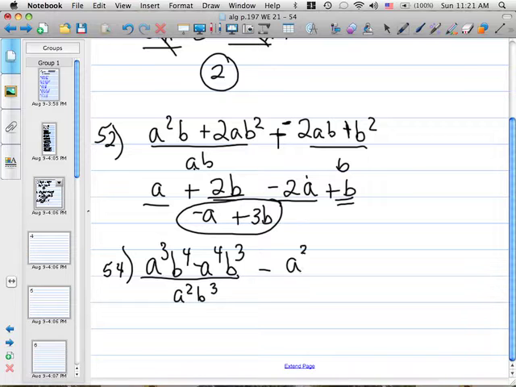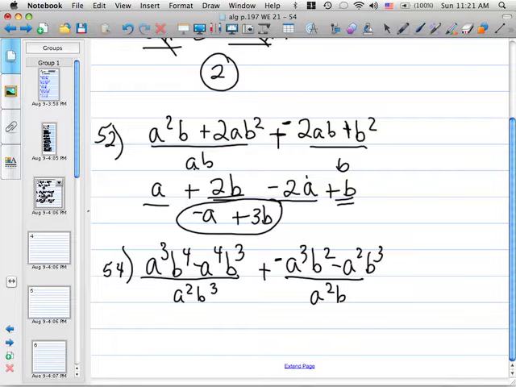52, we have a squared b plus 2ab squared over ab minus 2ab minus b squared over b. Again, distribute the negative sign immediately. So when we subtract, we take this, change the sign of everything that comes after it. Now we can divide. a goes into a squared, that leaves us an a. The b's cancel.